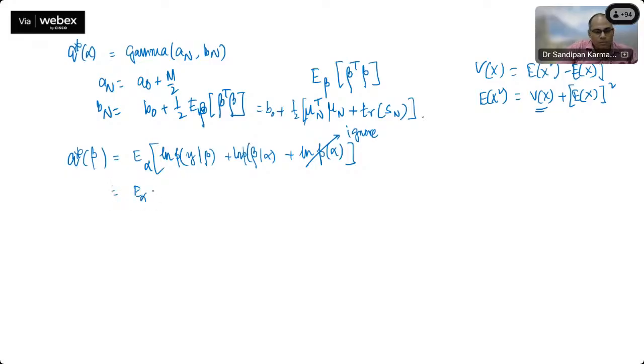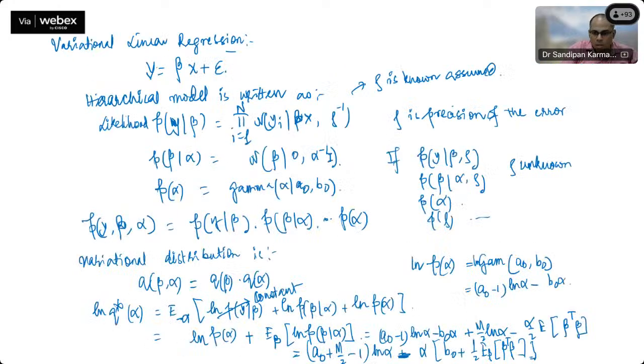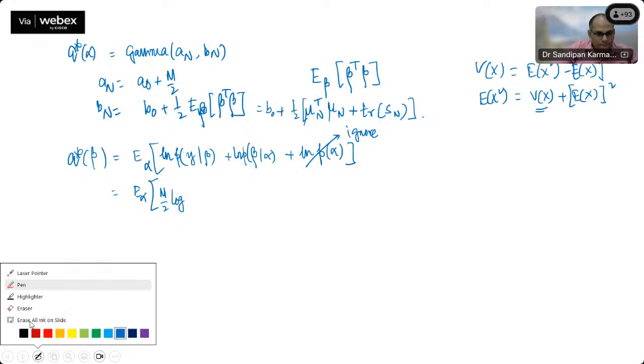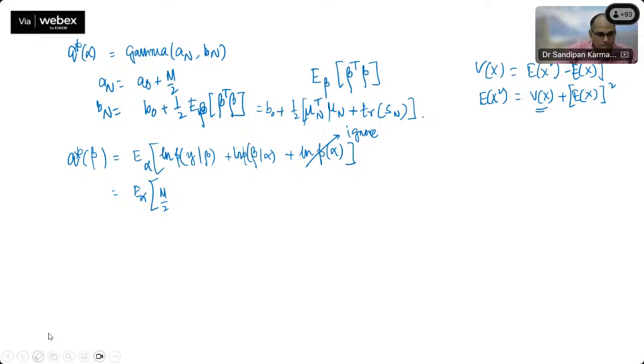So the expectation with respect to alpha of: first one is m by 2 ln alpha minus alpha by 2 beta transpose beta.